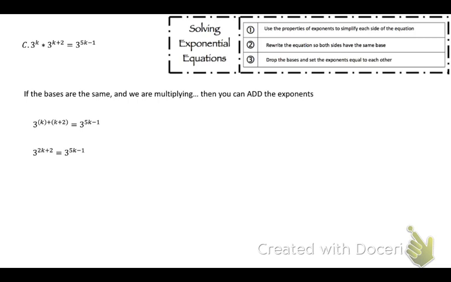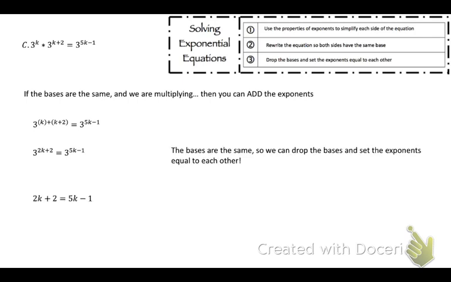Well, k plus k plus 2 is 2k plus 2. Now you can cancel the bases, so you get 2k plus 2 equals 5k minus 1. Subtract the 5k over and you get negative 3k. Subtract the 2 over, you get negative 3, which means k equals 1. And you can always check this, just plug it back in and make sure you get the same thing on both sides.